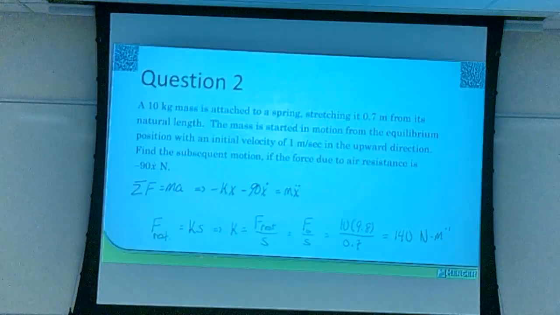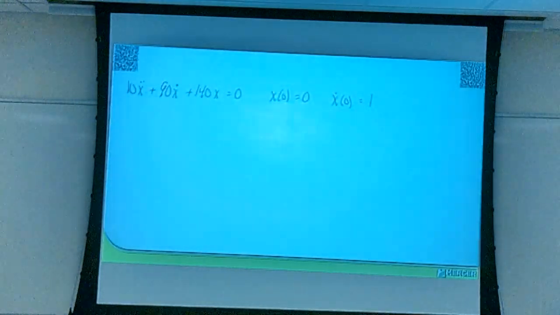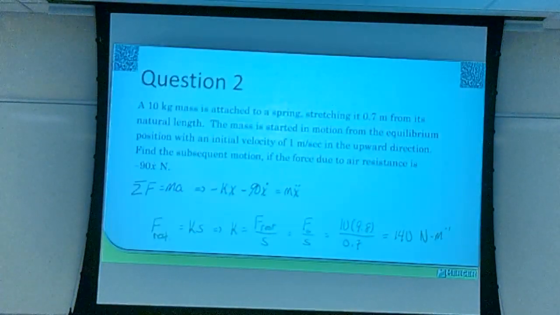In which direction? Up, so positive. Now we can solve. What does it want? It wants essentially a function for position.